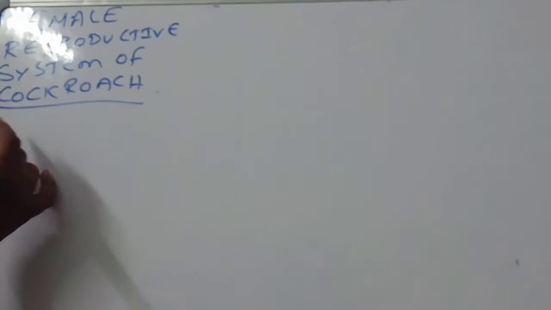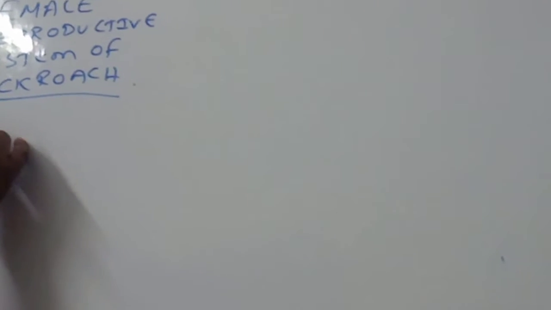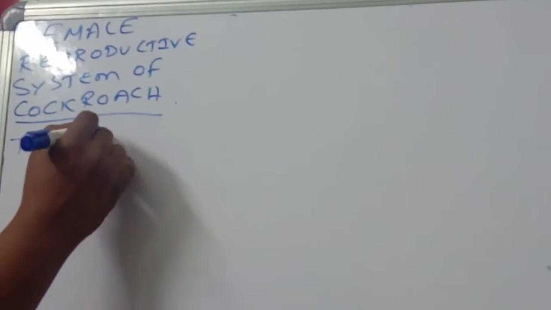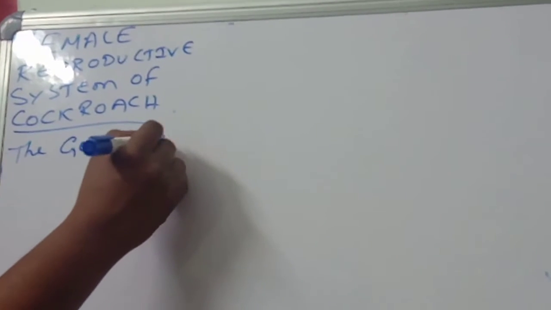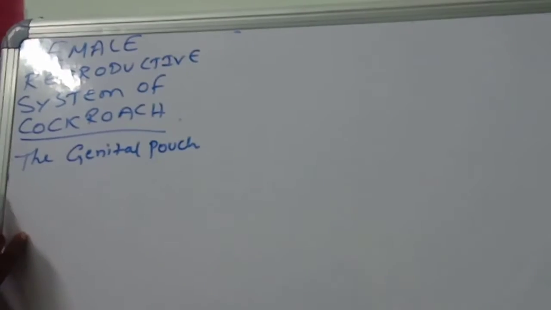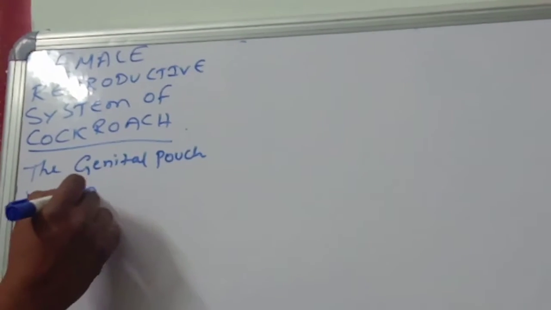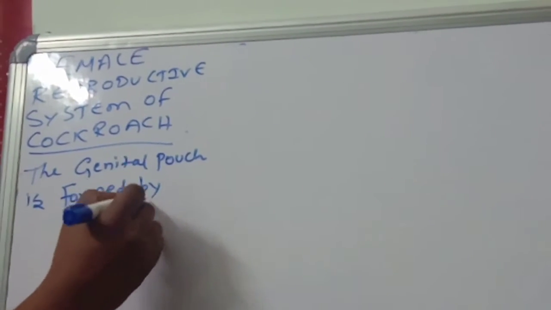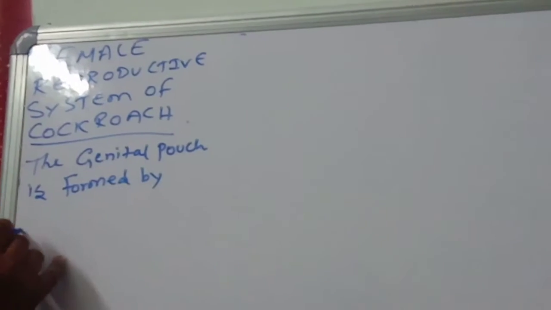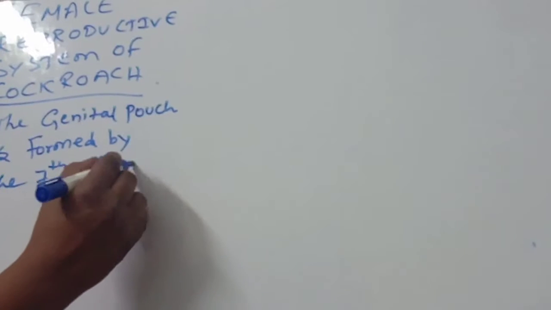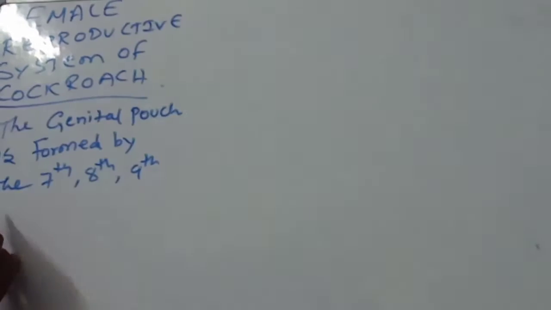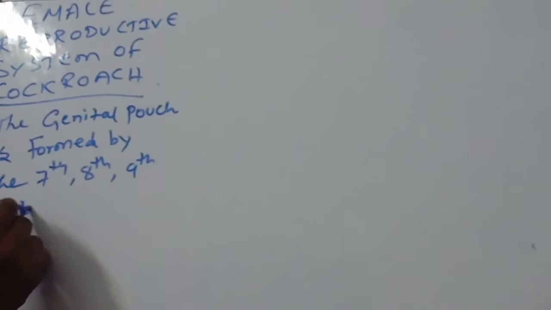The genital pouch is formed by the 7th, 8th, 9th abdominal sterna.